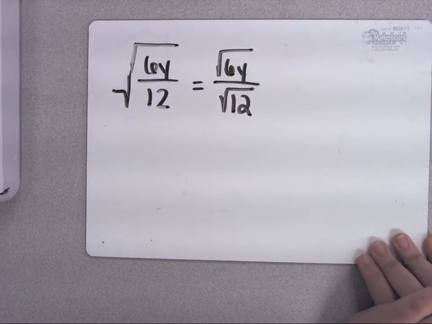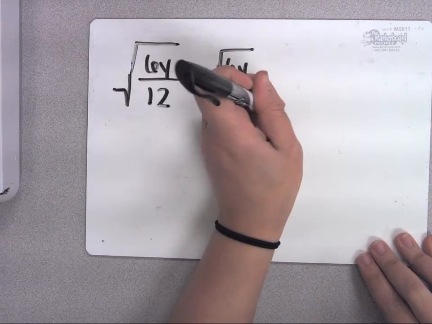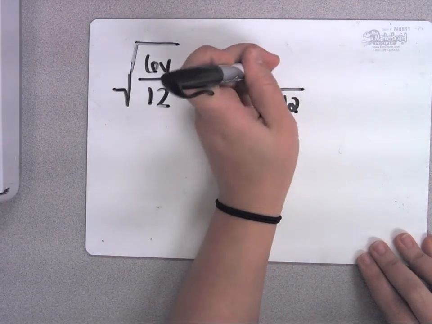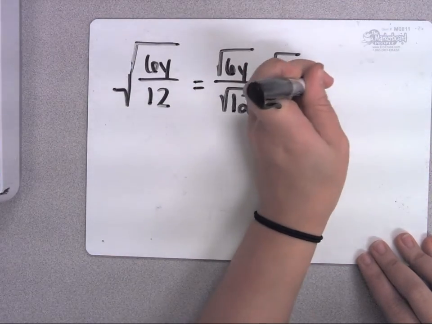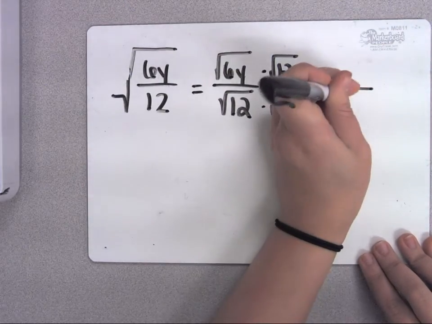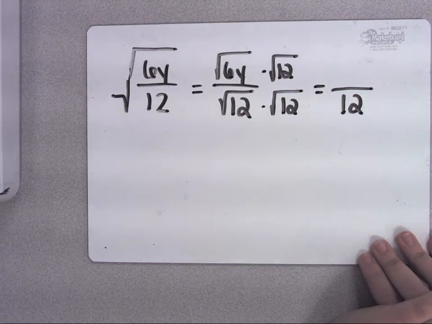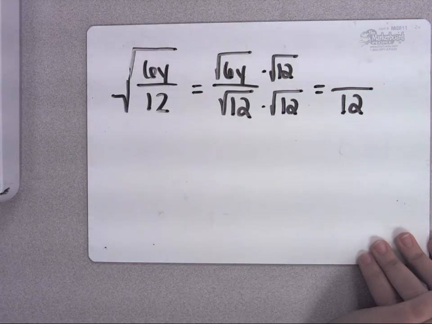Now, how do you get rid of the square root of 12 in the denominator? Yup. I don't actually have to do the math. What does the denominator turn into when I do that? 12. The top, can I actually multiply those two numbers together? Are they numbers? Yes, then I can multiply them. It doesn't matter that it has a y, because we're multiplying, not adding.